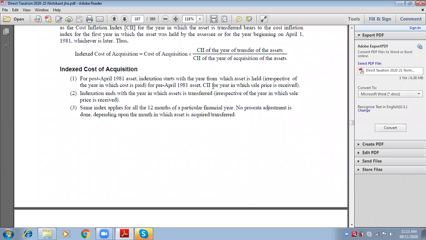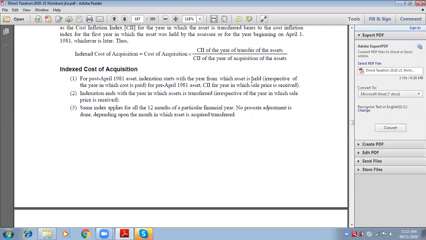For pre-April 1981 assets, the CII is of the year in which the sale price is received. That means suppose your asset is after 1981, then indexation starts from the year in which the asset is held.